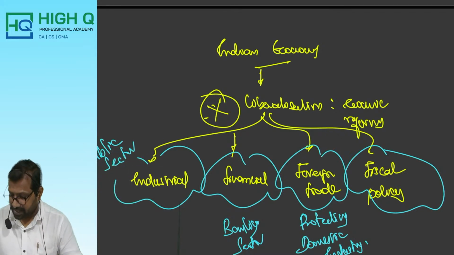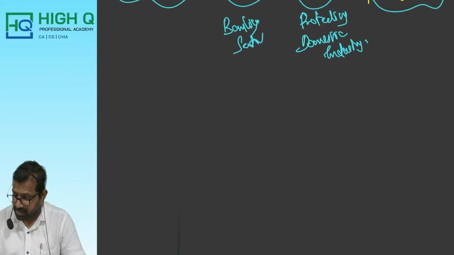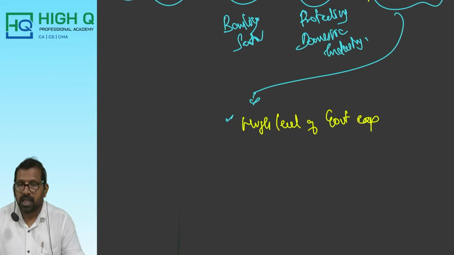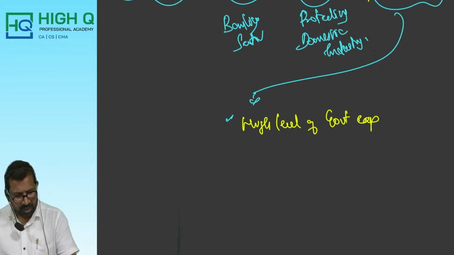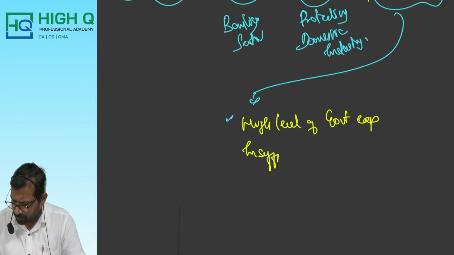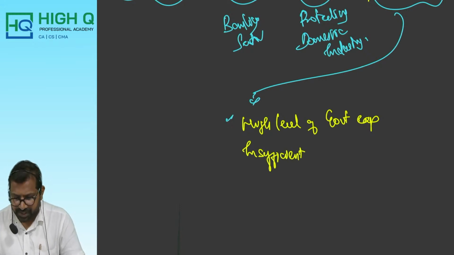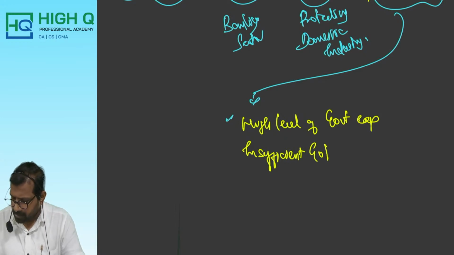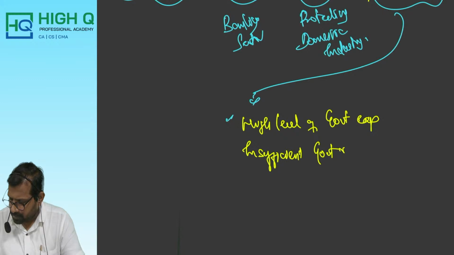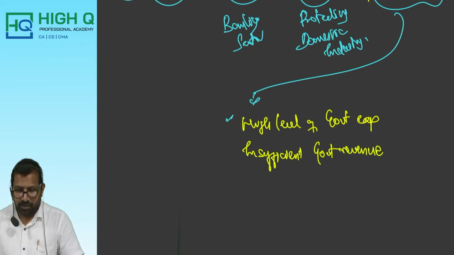of income tax. Fiscal policy deals with 4 points. Point number 1, high level of government expenditure. Point number 2, insufficient government revenue.